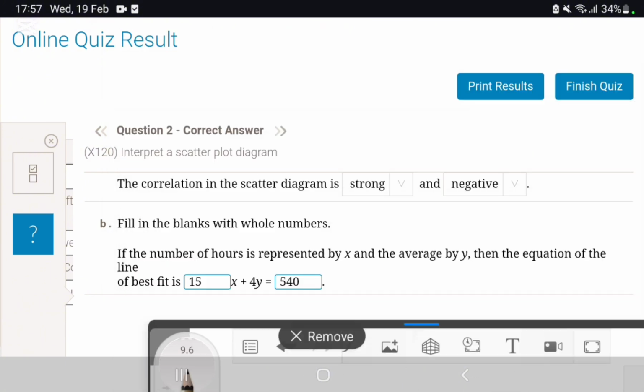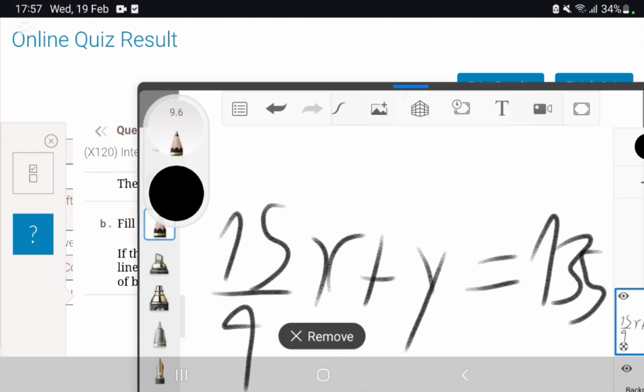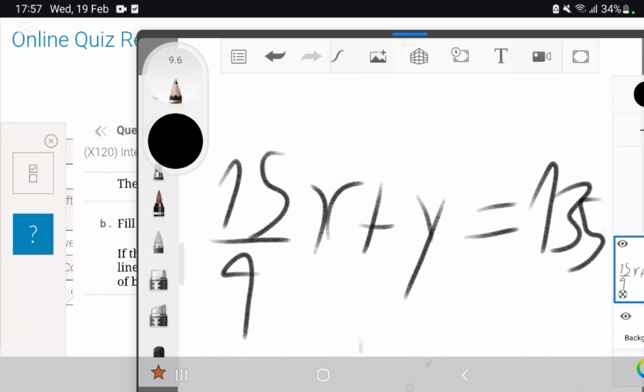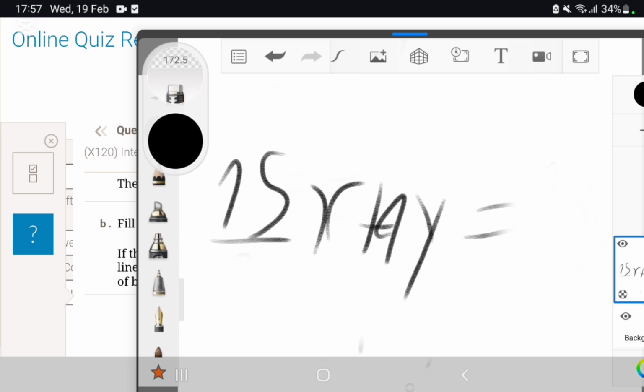Okay, but here they said that they want y to be 4y, and from y to 4y all we have to do is multiply the whole equation by 4. So it's going to become 15x plus 4y is equal to 540.